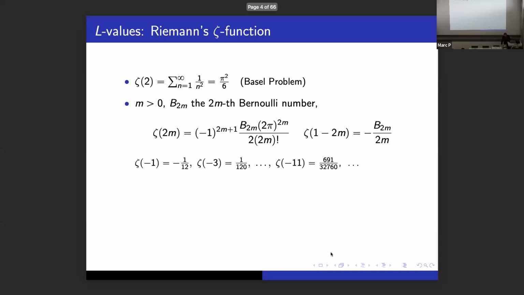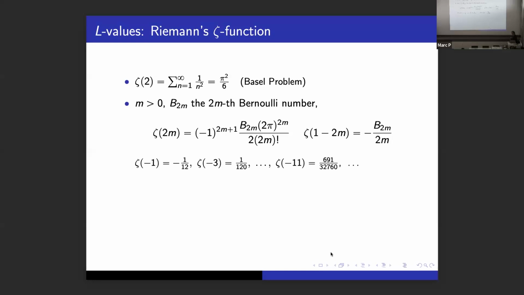This is a special case of a much more general expression that tells us that the value of the Riemann zeta function at positive even integers is a rational multiple of a power of pi. The particular rational multiple involves the Bernoulli numbers. We can clean up the formula using that functional equation from the previous slide, and we get this nice expression that the Riemann zeta function at negative odd integers is a rational number.